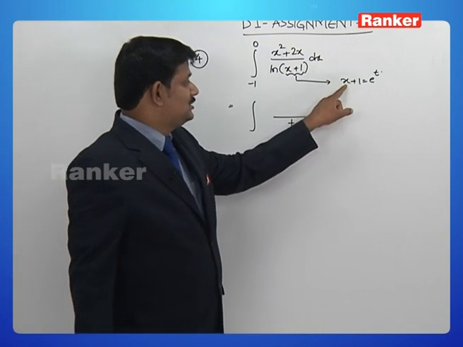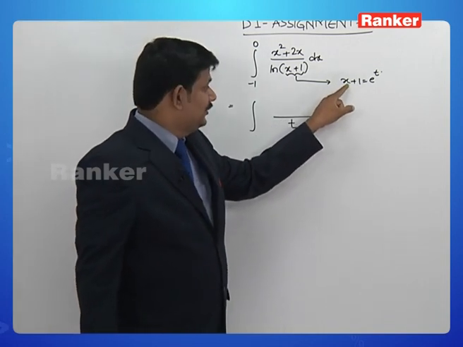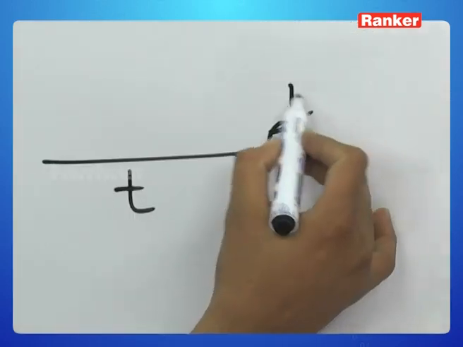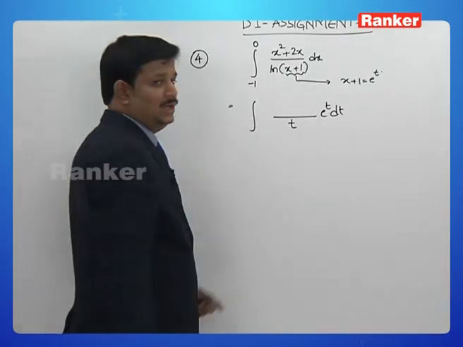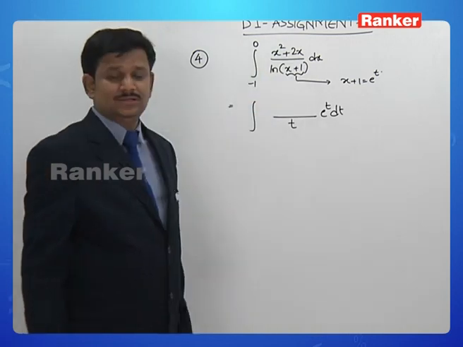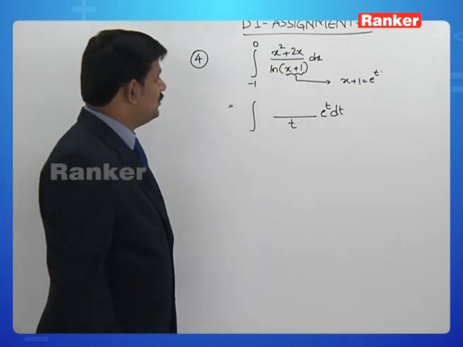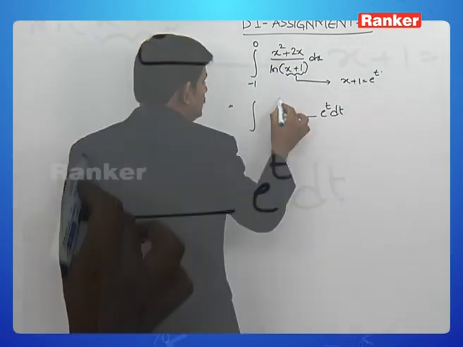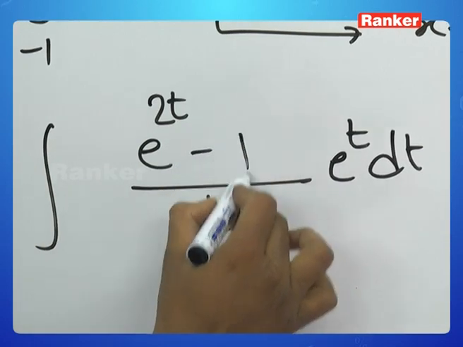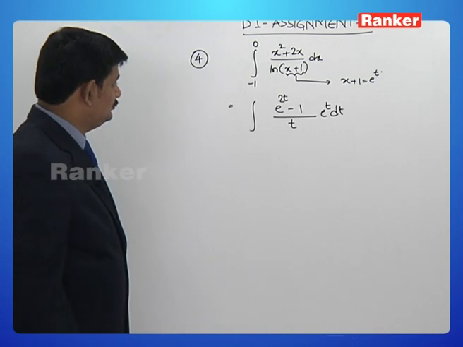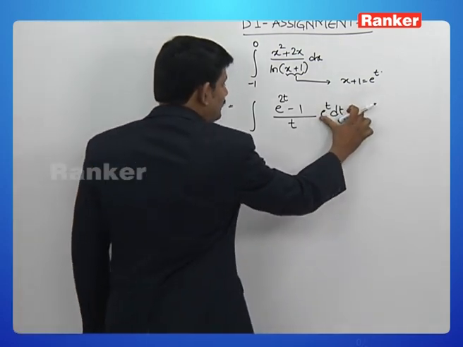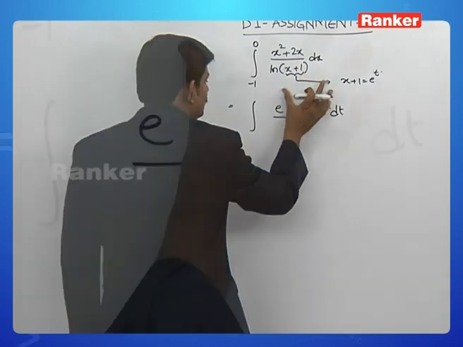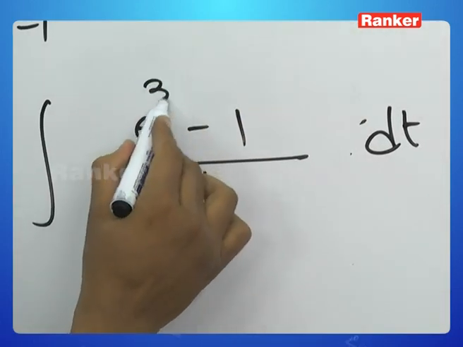On differentiation, this equation gives dx is equal to e power t dt. x square plus 2x is x plus 1 whole square minus 1, and x plus 1 whole square is e power 2t, minus 1. On multiplication with e power t, this becomes e power 3t minus e power t.